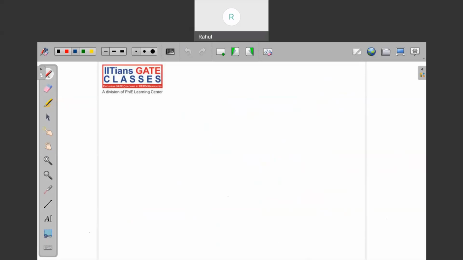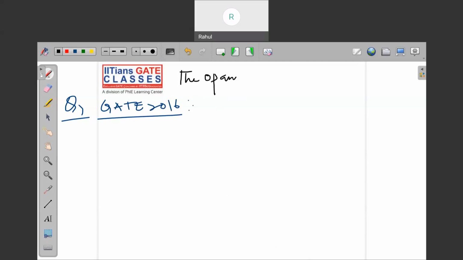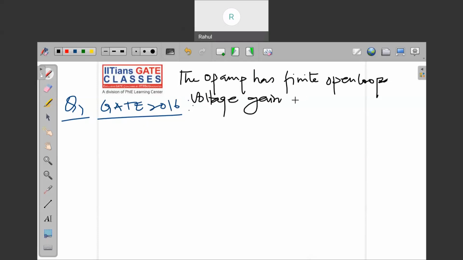One more problem from the GATE exam only, GATE 2016. The op-amp has finite open loop voltage gain of 100, right?